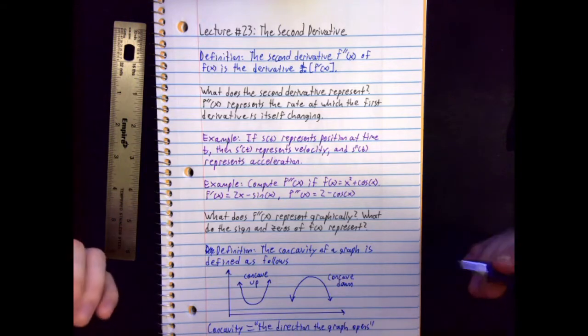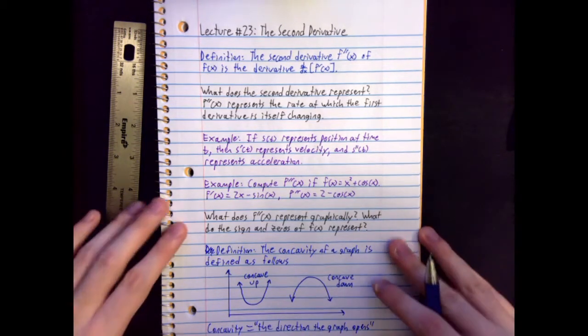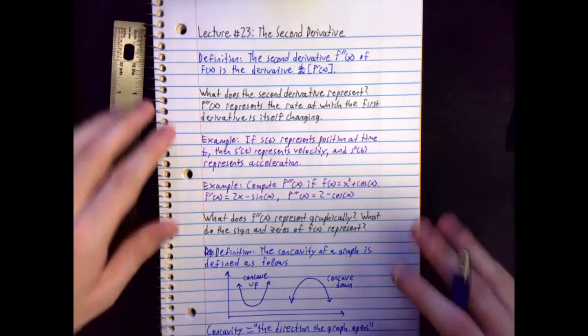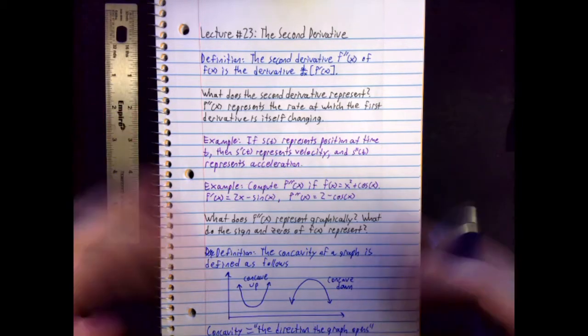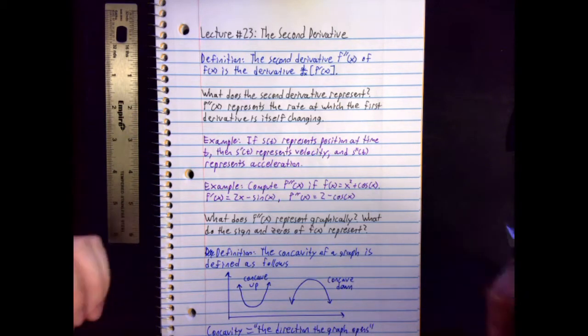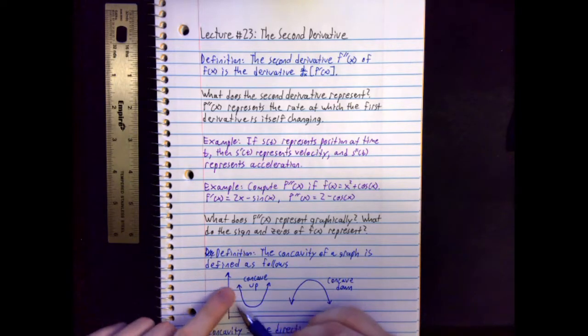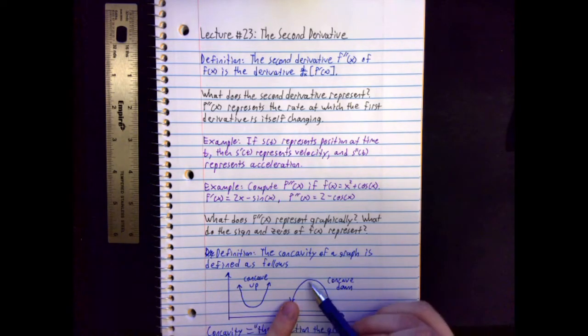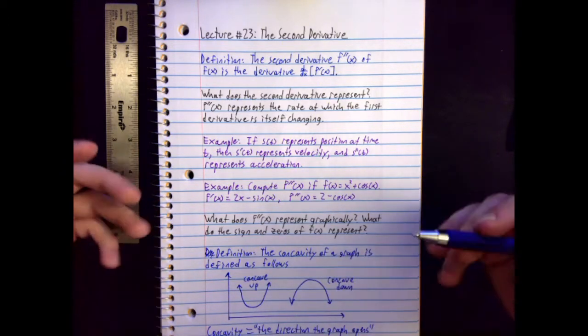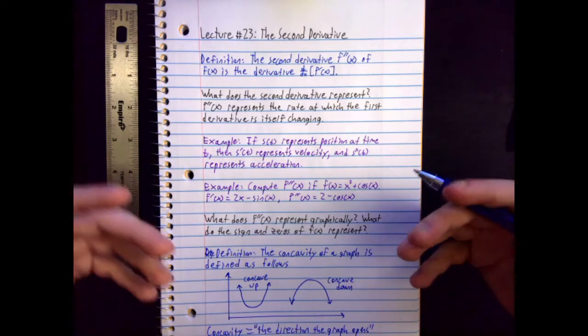And that's a very non-rigorous definition, and some mathematicians watching would be very upset if I just leave it at that, but I am, because I think the pictures do a pretty good job of describing this. Really what's going on is the tangent line to the graph is sitting either below or above the graph at a particular point. But you can think about concave up and concave down as the direction that the graph is opening.